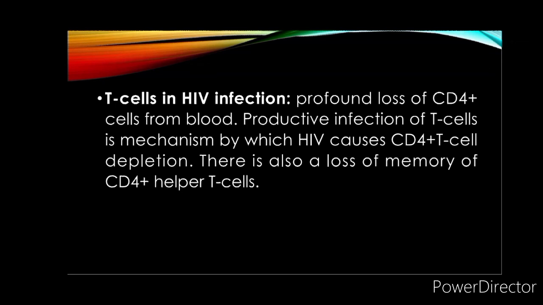The T cells in HIV infection show profound loss of CD4 T cells from the blood. The productive infection of T cells is the mechanism by which HIV causes CD4 T cell depletion. There is also a loss of memory CD4 T helper cells.